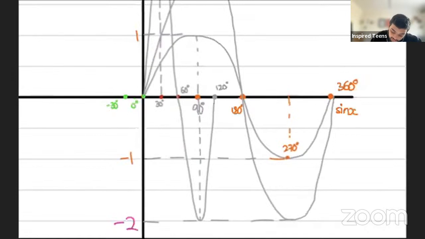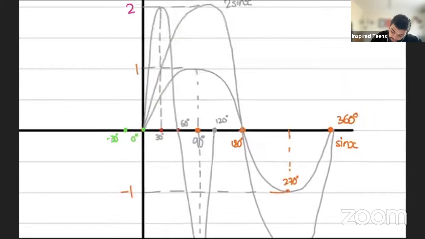Then instead of having this intercept at 60, I'm now going to have it at 30. It's going to be the next intercept. Then the next turning point will be at 60.